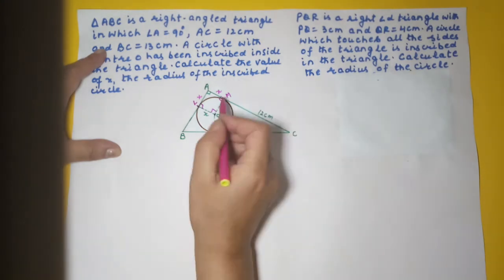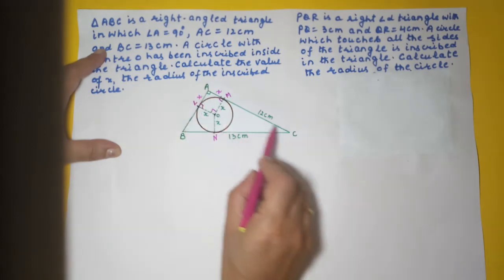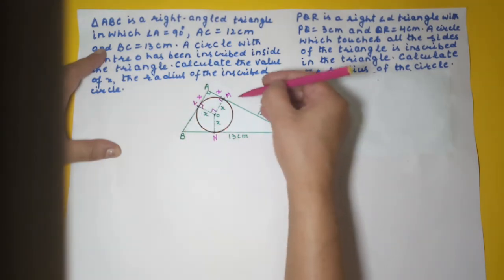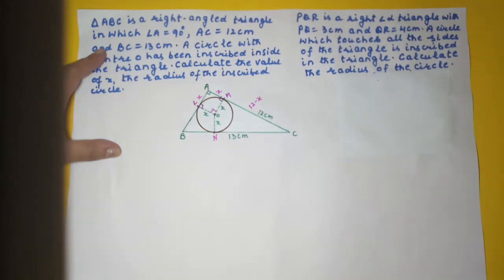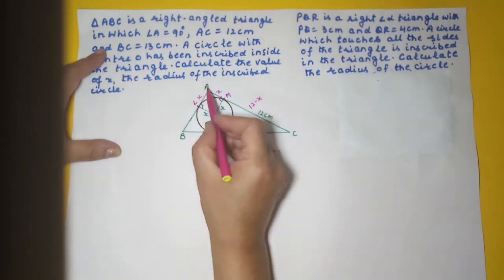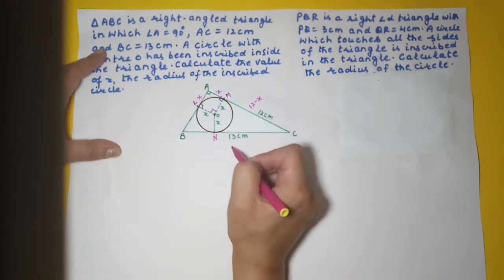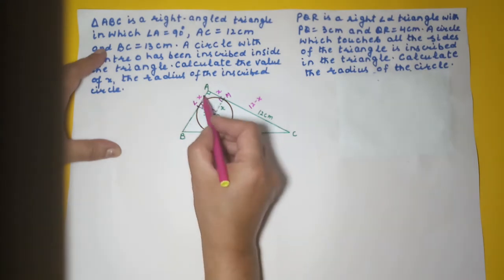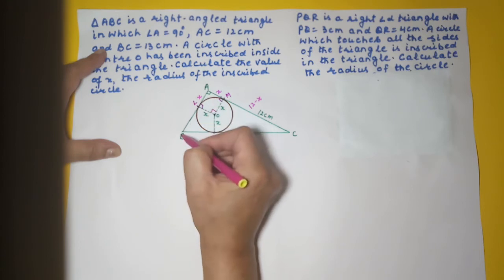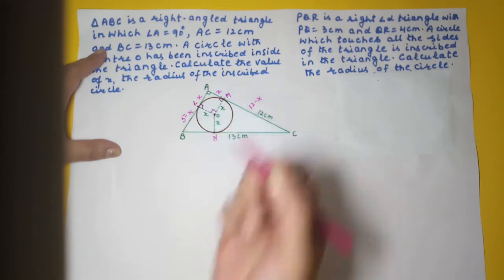So then if length AM is x, but AC is 12, so MC becomes 12 minus x, right? So if we calculate the side AB, this is 12, this is 13, this will be 5, right? So then if this is x, entire AB is 5, then LB becomes 5 minus x, right?